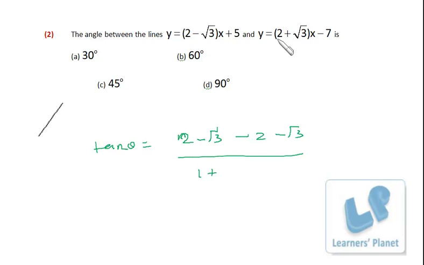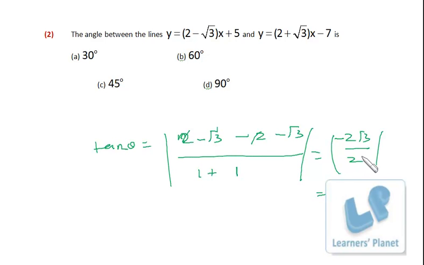So a minus b into a plus b is a square minus b square, so it is 1. Now 2 and 2 are cancelled. It is minus 2 root 3 upon 2, so it is minus root 3, and we take the modulus. So it is root 3 only. So once again tan theta is root 3, theta will be 60 degrees.